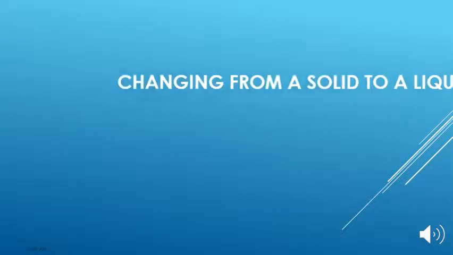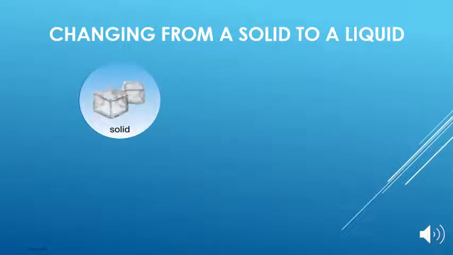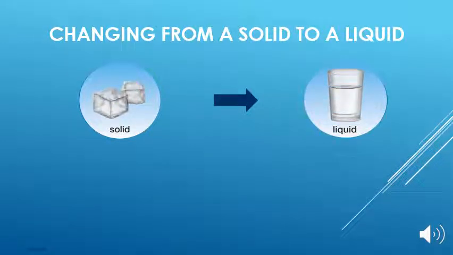Today, we will study how to change from a solid to a liquid. We have here a solid, an ice cube. We want to change it into a liquid, water. We should heat the solid, so the solid gains energy and changes into a liquid.